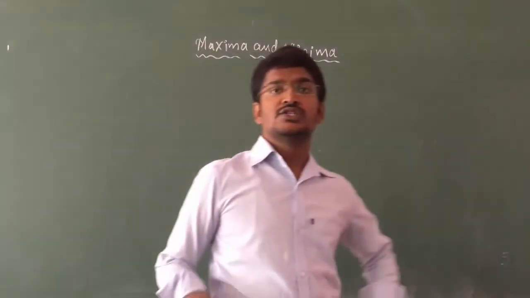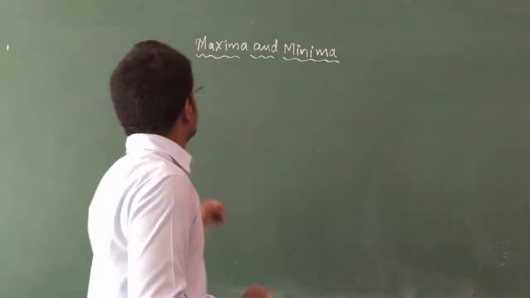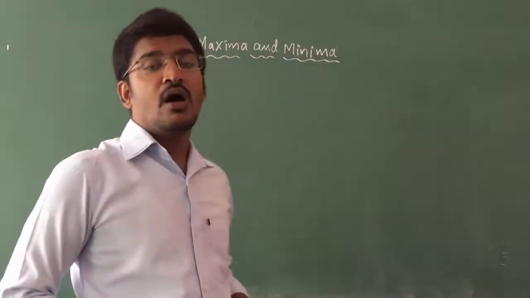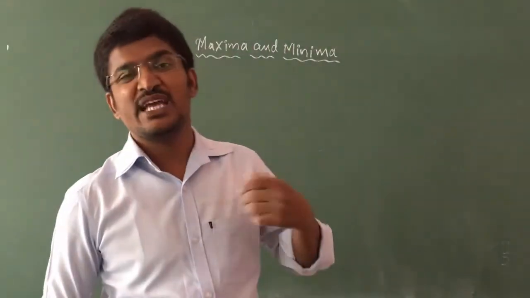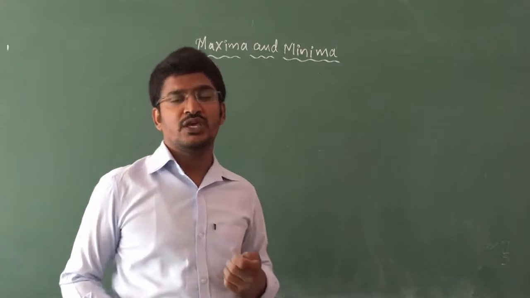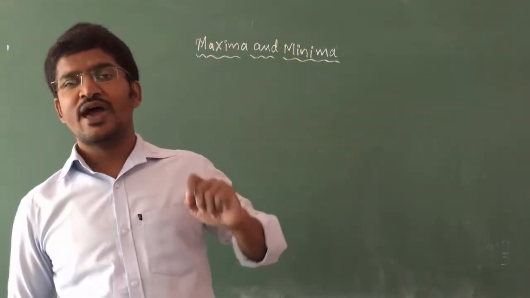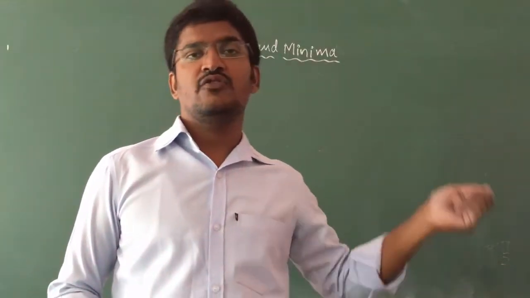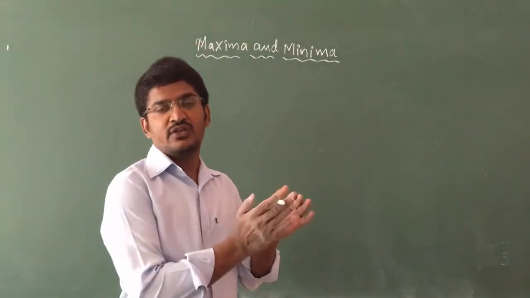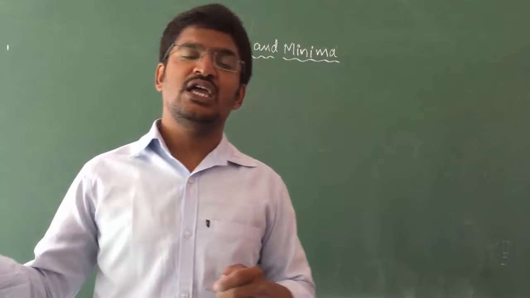Okay, students. So now let us see maxima and minima of the given function. That is maximum and minimum of the given function. That means they will give you one function. Now, as you all discussed, the function is increasing in one interval and it is decreasing in other interval.